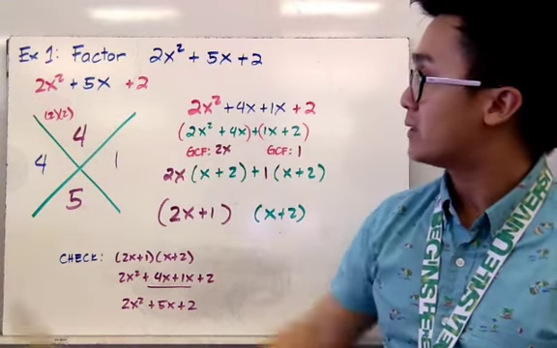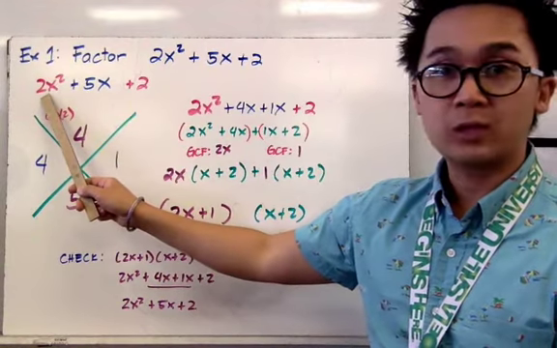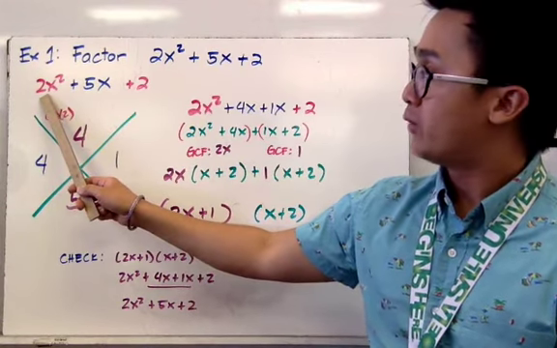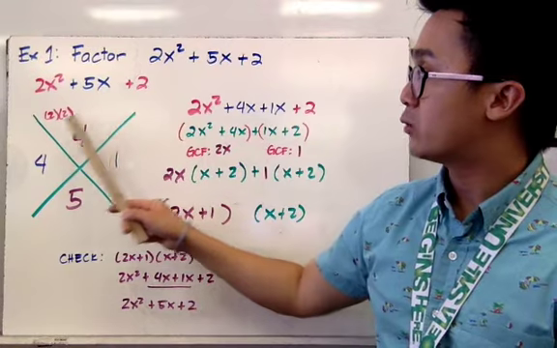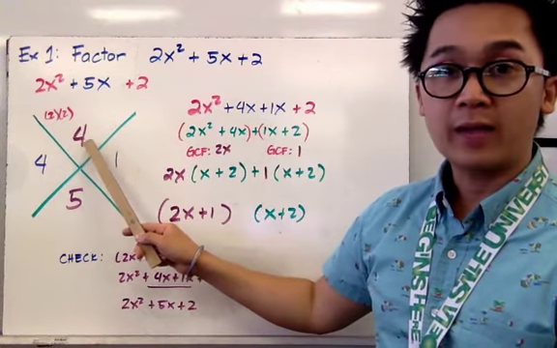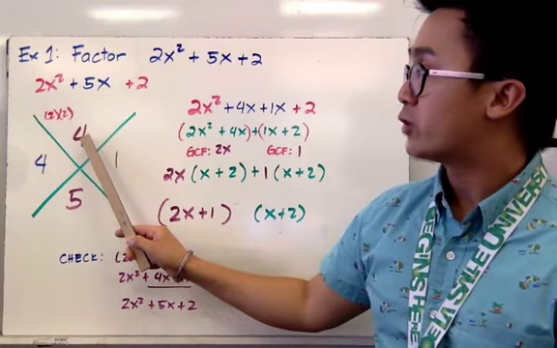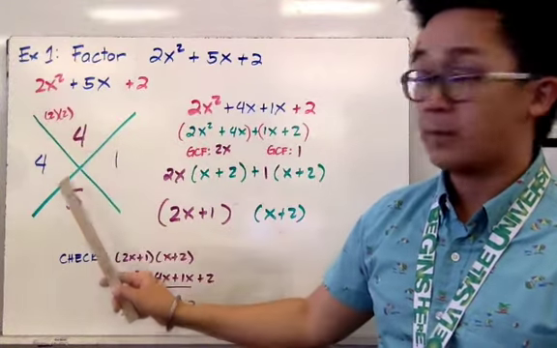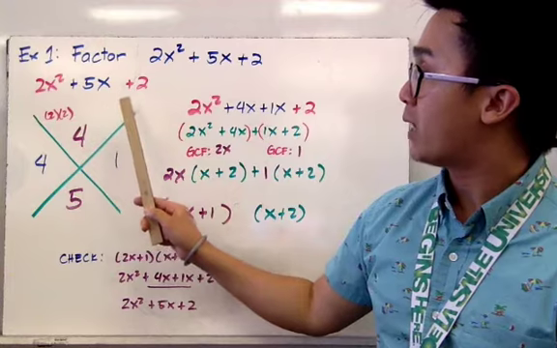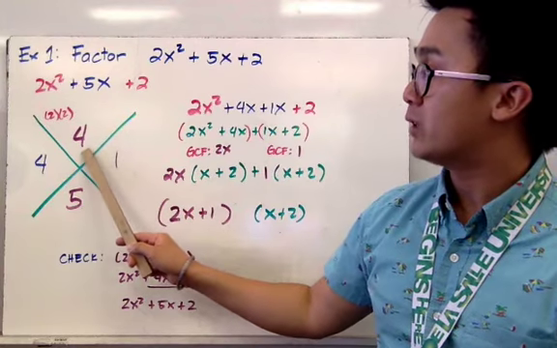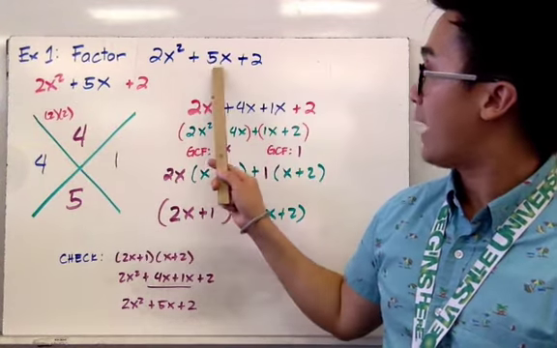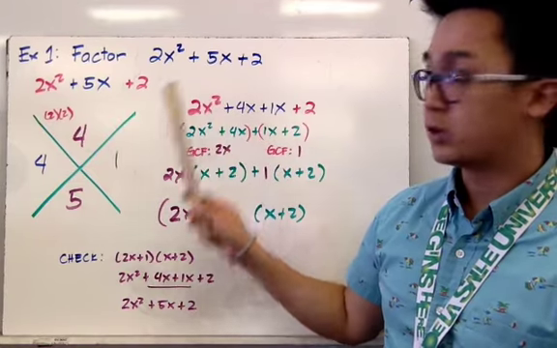So in this case, we're going to multiply our first term and our constant, so 2 times 2 is equal to 4. This is our new number for solving our puzzle, wherein two numbers multiply to 4 and when we add them up should equal the middle term, which is 5.